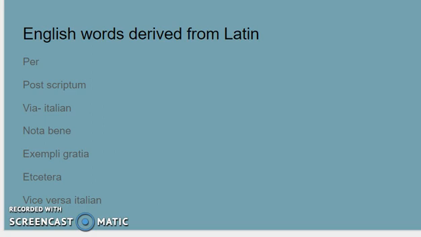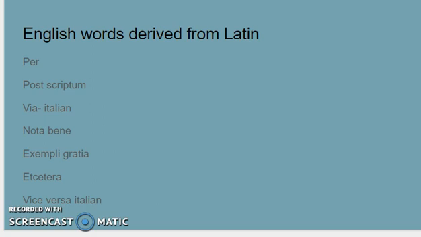Some English words that were derived from Latin are per and postscriptum, via Italian. Per means each. Postscriptum is PS at the end of a letter, and we got it through Italian.